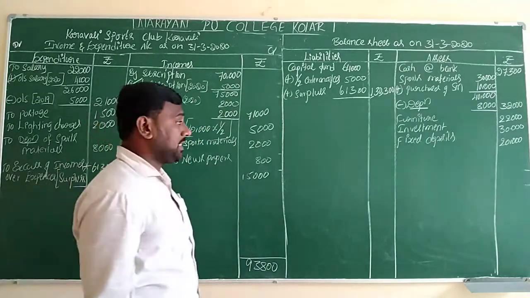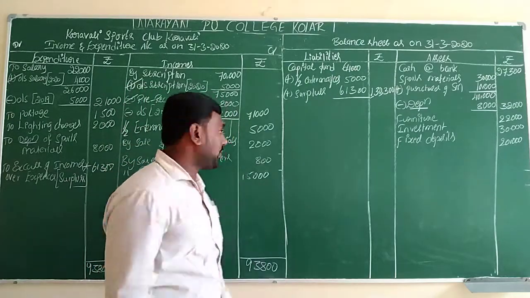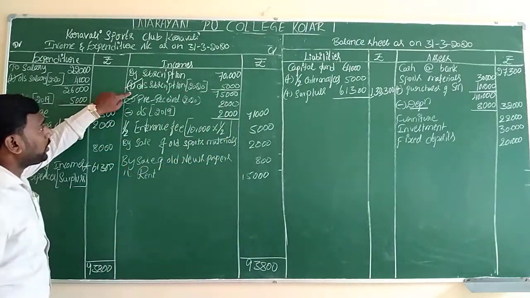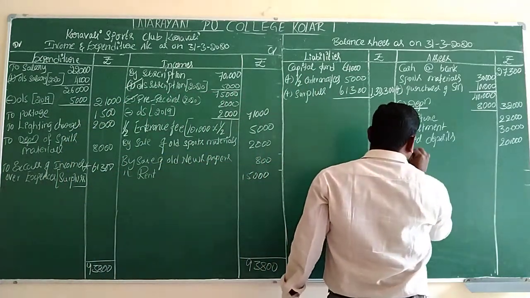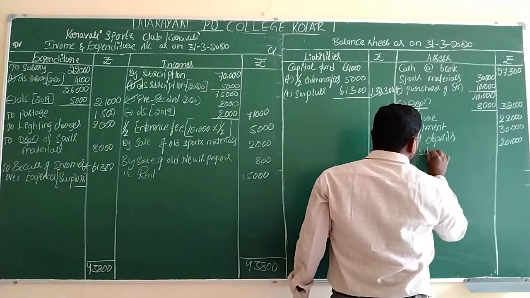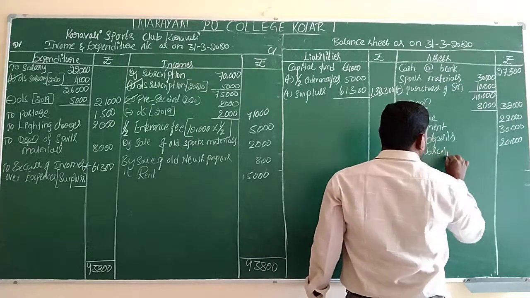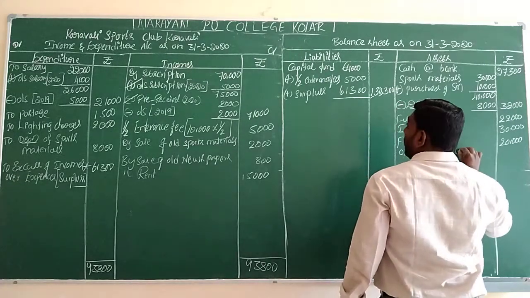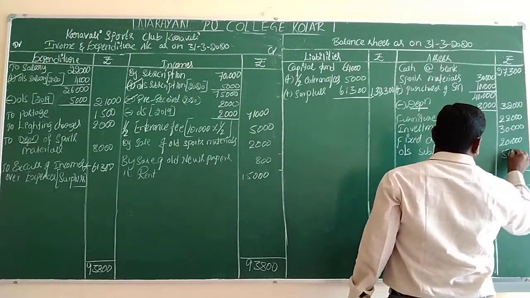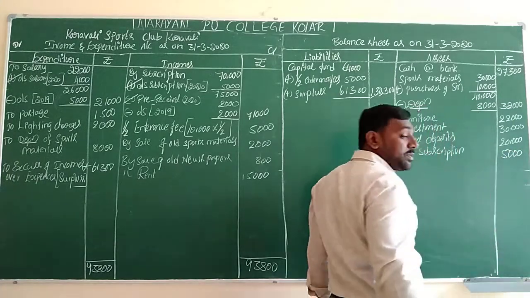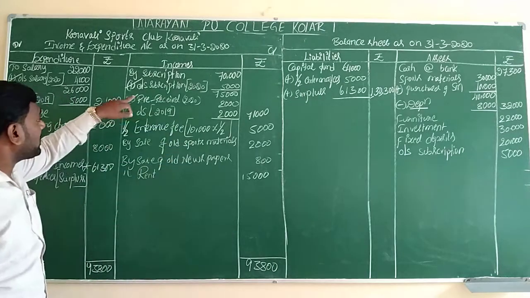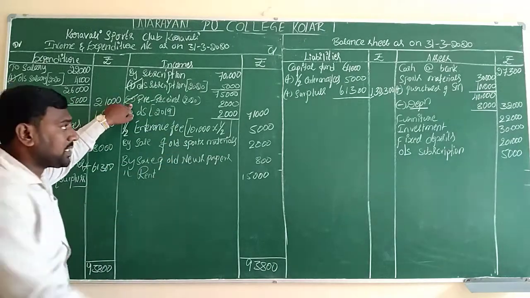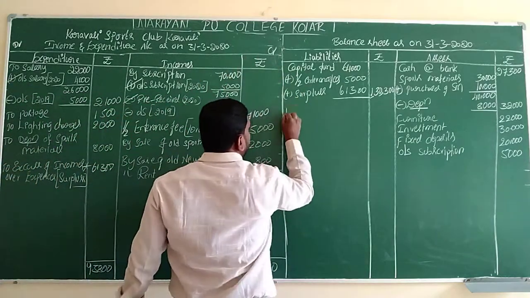Adjustment number 1, outstanding subscription. Once we add it to the income, again we should write it in the liabilities or assets of the balance sheet. Outstanding subscription, value is 5,000. Adjustment number 2, pre-received subscription, once it is deducted from the incomes, again it should be considered as a liability.